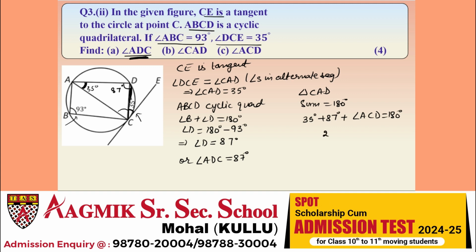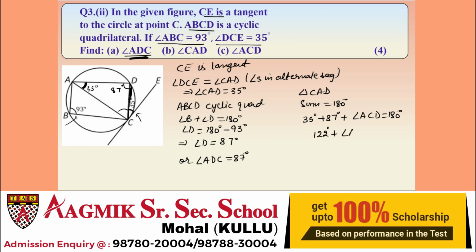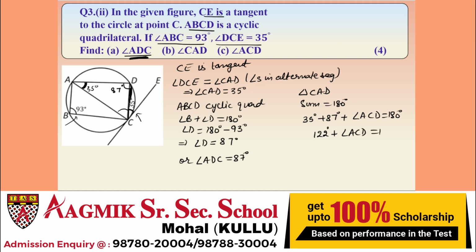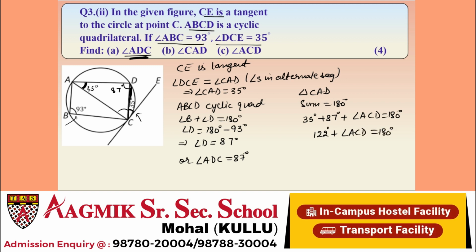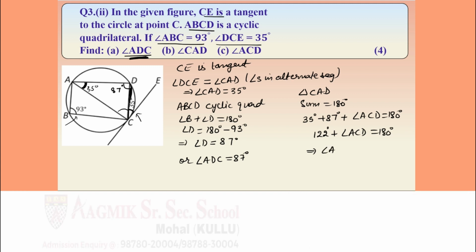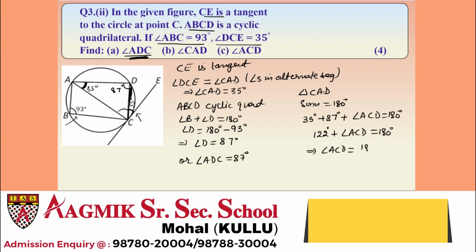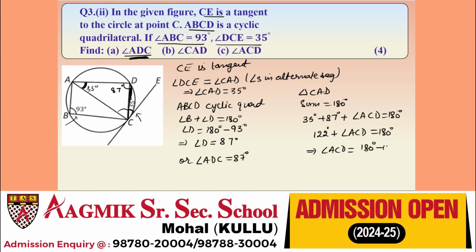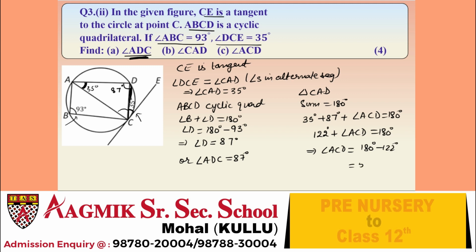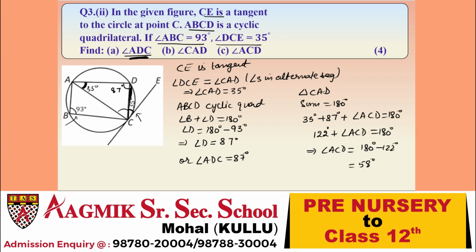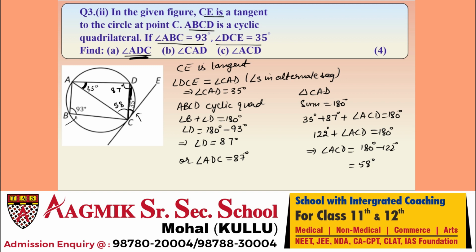This is 122 degrees plus angle ACD equal to 180 degrees. So this implies angle ACD would be 180 minus 122, which is equal to 58 degrees. So the third angle here is coming out to be 58 degrees.